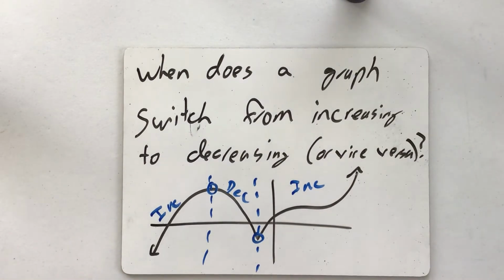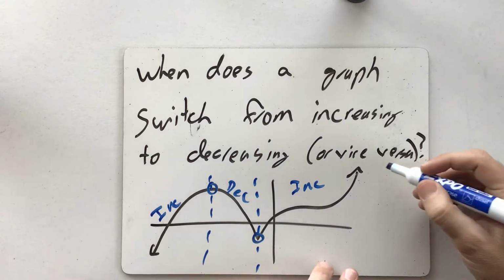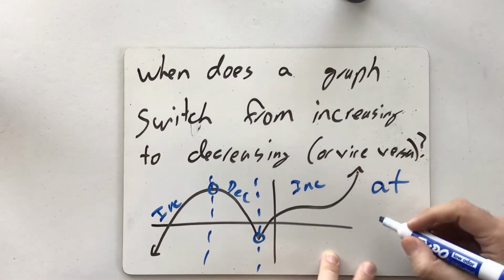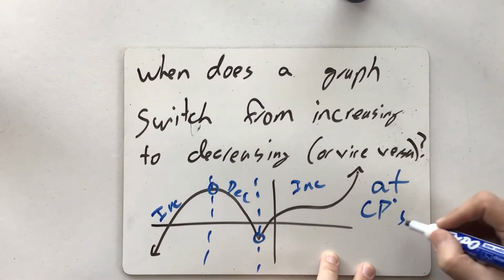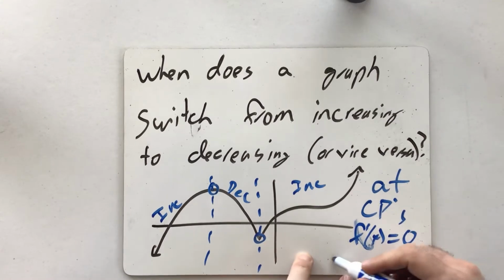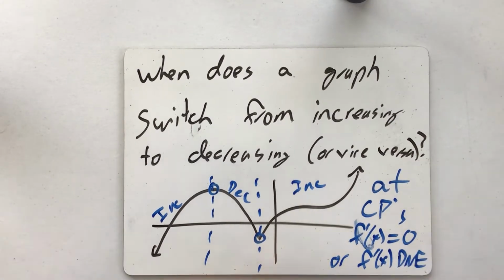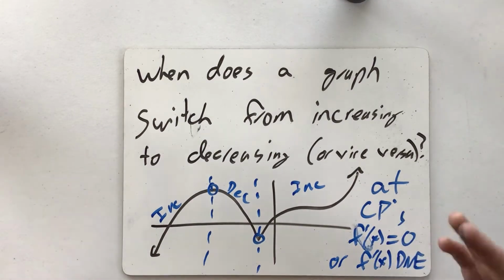Well, it switched at points where we had what we called critical points earlier. It switches at critical points, which is where our derivative is 0 or our derivative does not exist.